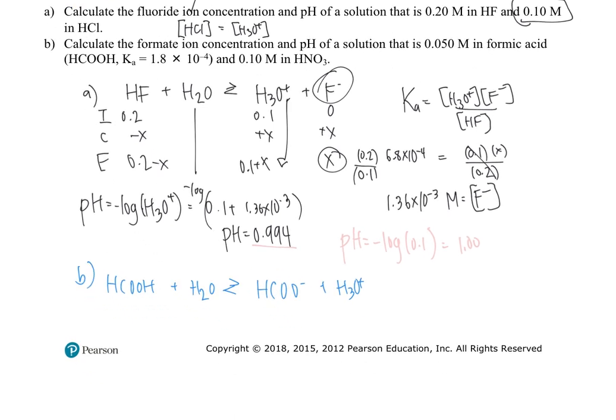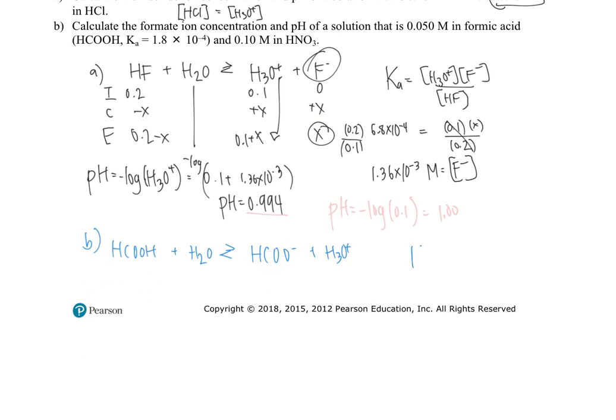And once again, I have my Ka, hydronium times formate over formic acid. And it gives us that value, 1.8 times 10 to the negative 4 is a Ka.